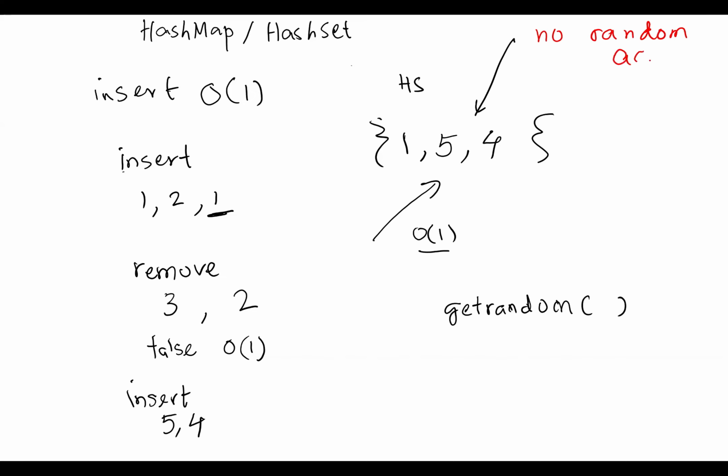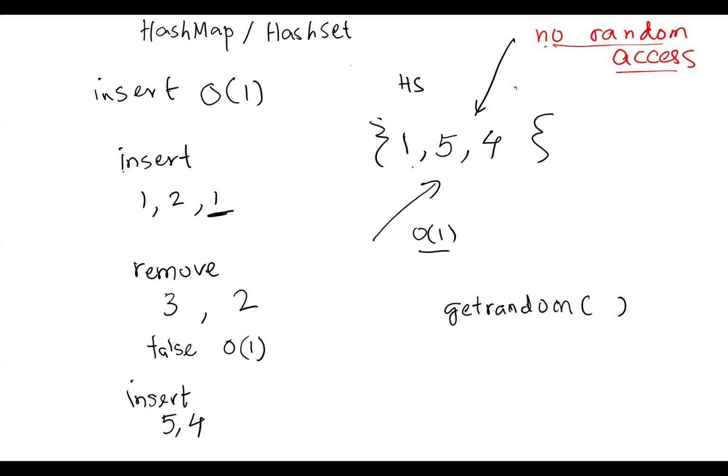That means I cannot just say go to position 3 of the hash set or index 2. These numbers are not indexed. So in a hash set, these values are not indexed, and there is no order of these elements. If there is no order, how do I randomly select one?